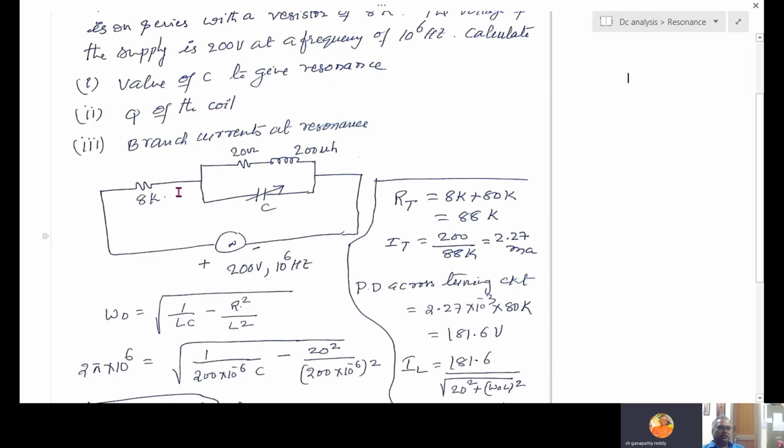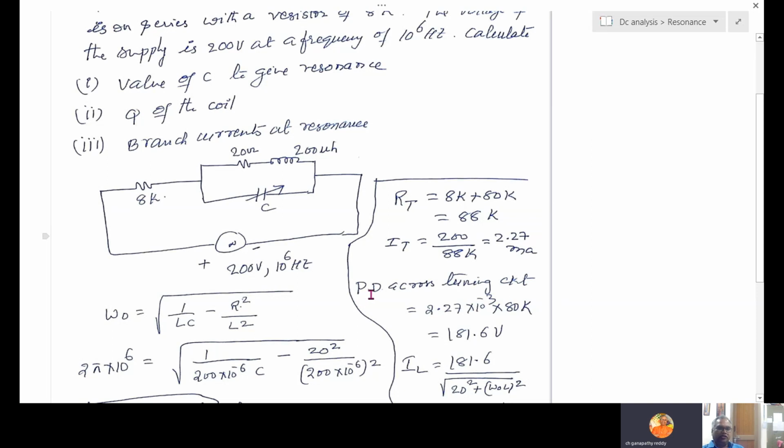So this circuit resistance is 80K at resonant condition. What is the total circuit resistance? 8K plus 80K is 88K. Then how much current will flow in this circuit? 200 by 88K. So 2.27 milliamps.